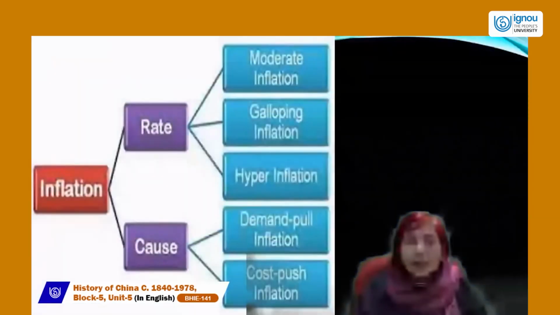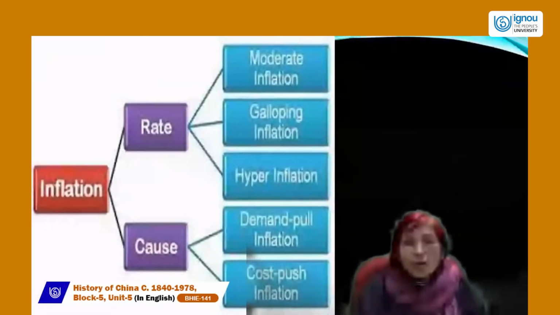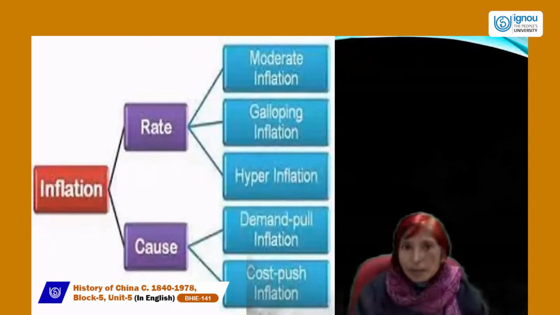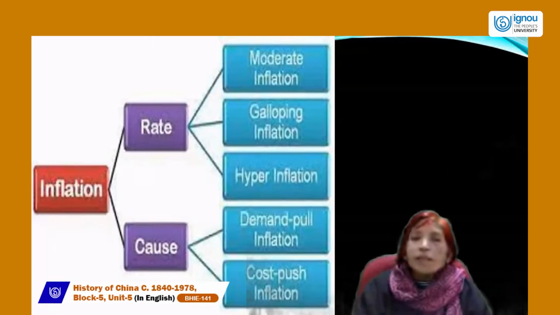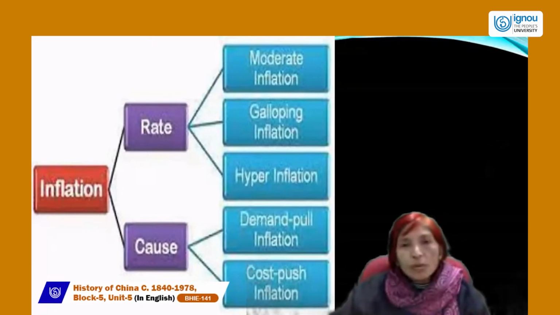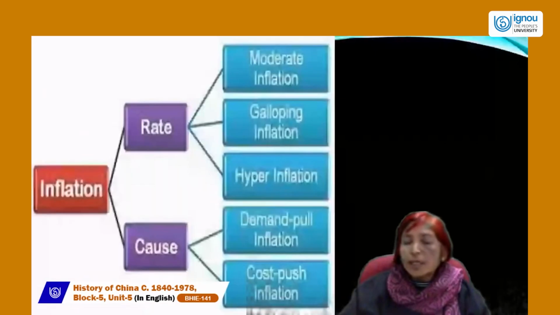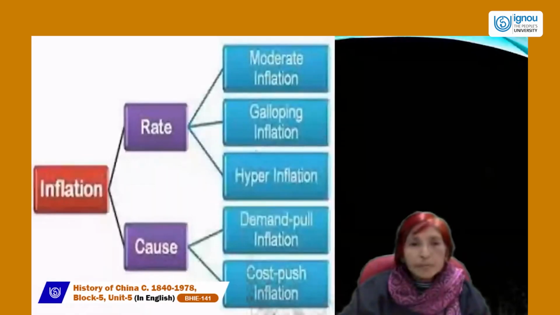And cost push inflation mainly exists when the cost of production increases. As the cost of production rises, the price level will also rise. So these are different types of inflation. And we can say that these are different rates of inflation. And there are so many causes behind this problem of inflation.